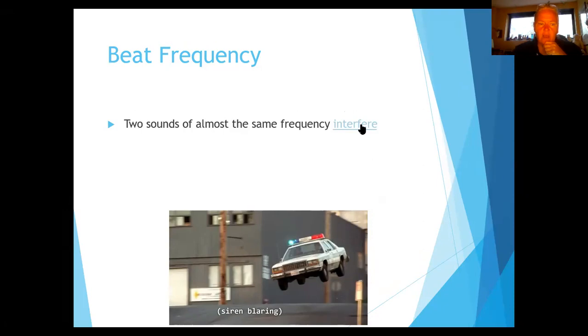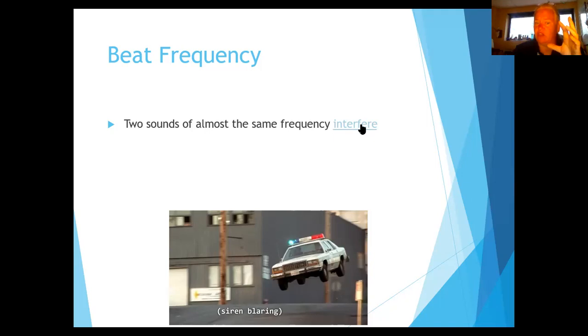Okay, so this is an example of a beat frequency. This is a visual representation of it. You've got two different waves of slightly different frequencies, and if you add them together, they will constructively and destructively interfere.